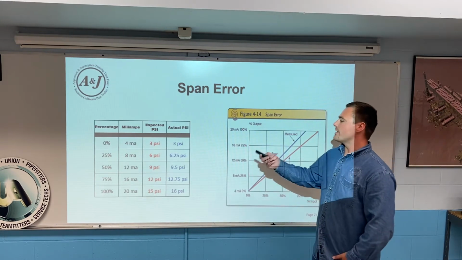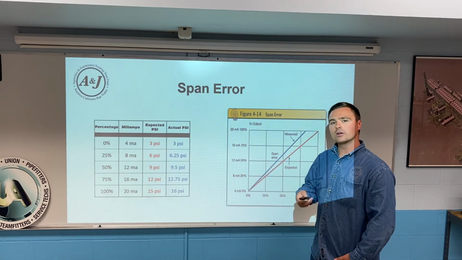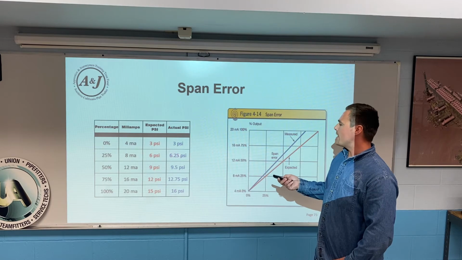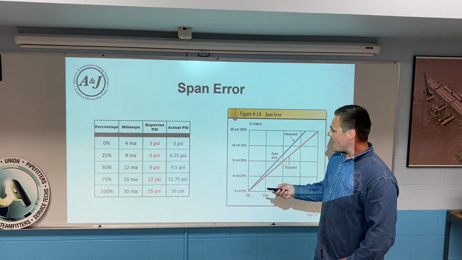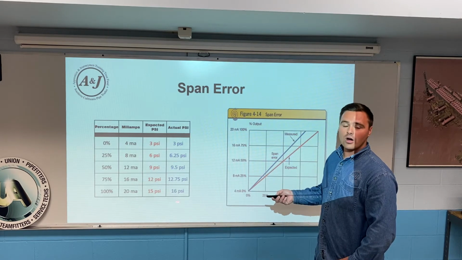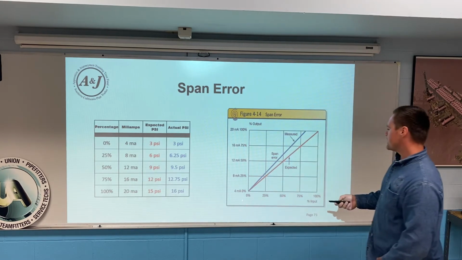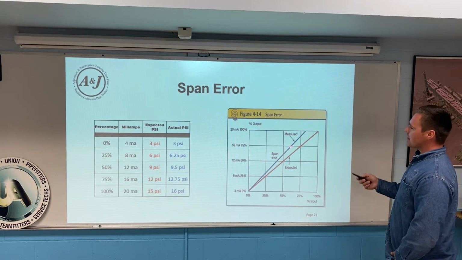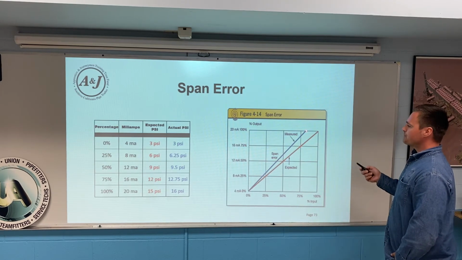But as the values increase, the error gets larger. So you can expect to see a 0.25 psi increase throughout the entire range, all the way ending at 16 psi, which is far out of tolerance. Demonstrated by this graph right here. The red again is our expected, the blue is our actual measured, okay?